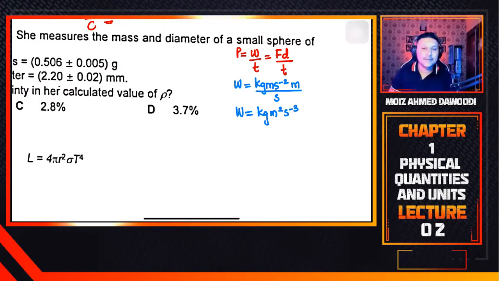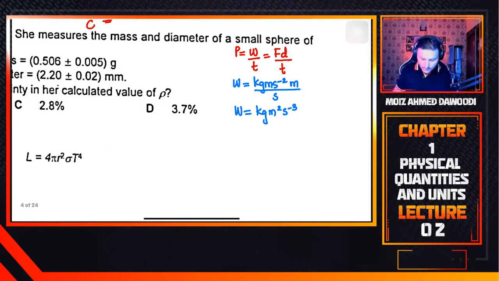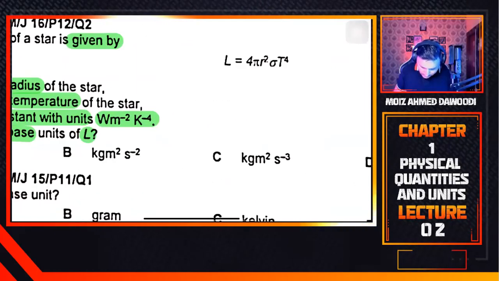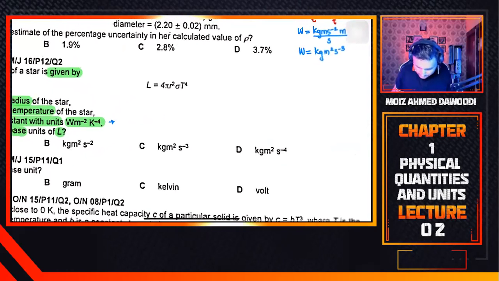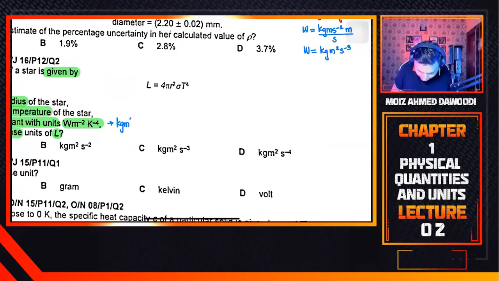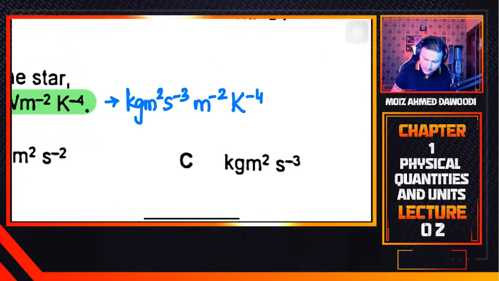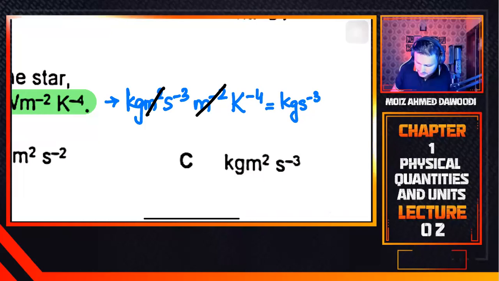So first of all, I simplified watt into base units. Now, watt is replaced by kg m^2 s^-3, m^-2 is written as it is, K^-4 stays. If you can see, meter square and meter to the power minus 2 cancel out. So this quantity is left with the unit kg s^-3 K^-4.